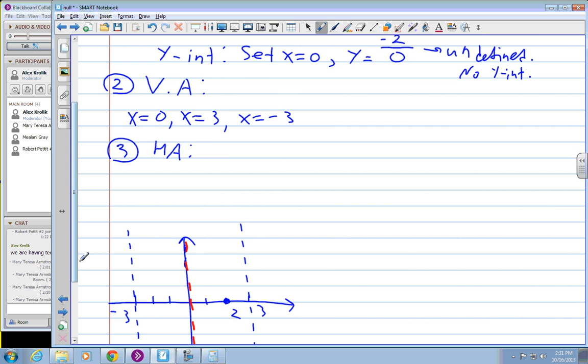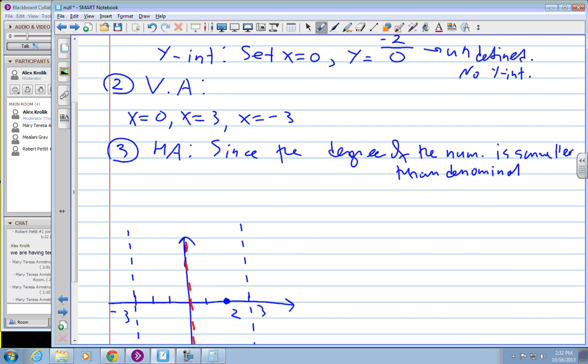So since the degree of the numerator is smaller than the denominator, the horizontal asymptote is just y equals 0. So the x-axis would be the horizontal asymptote.